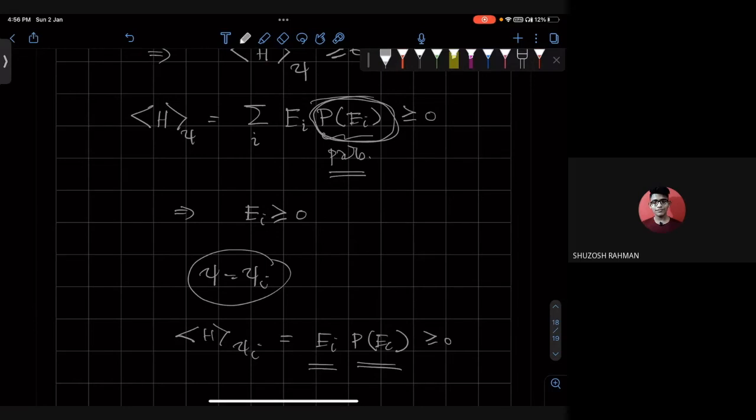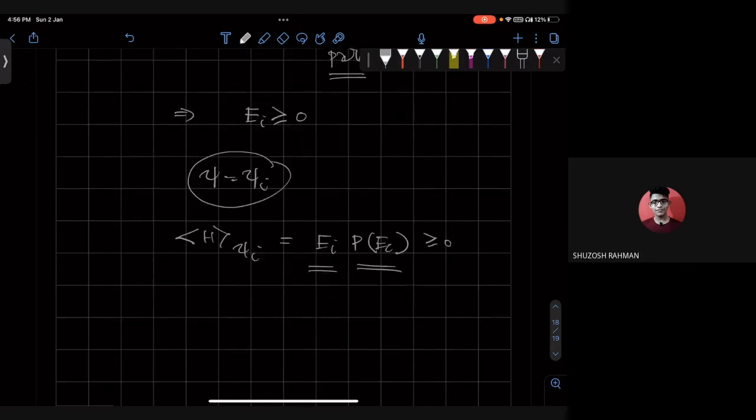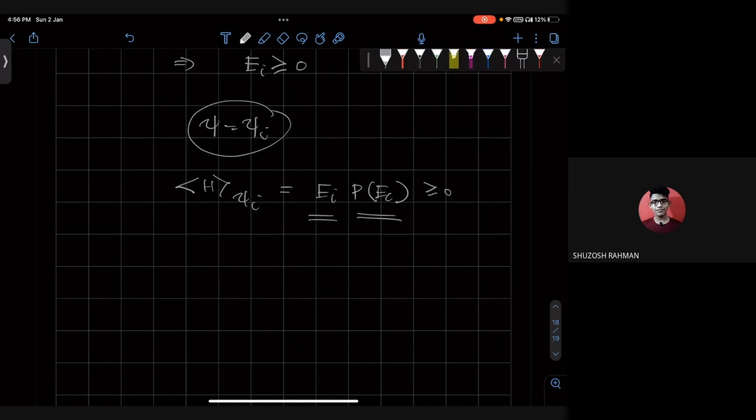So we have shown that the energy eigenvalues of the harmonic oscillator are non-negative. Now, there are two ways of solving the energy eigenvalue problem. One is by solving the differential equation.